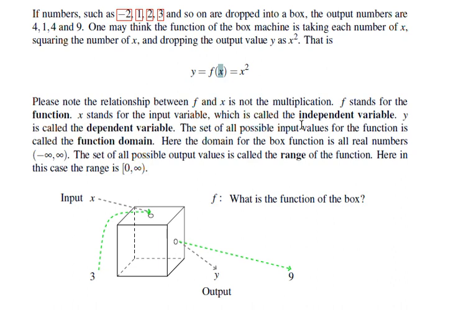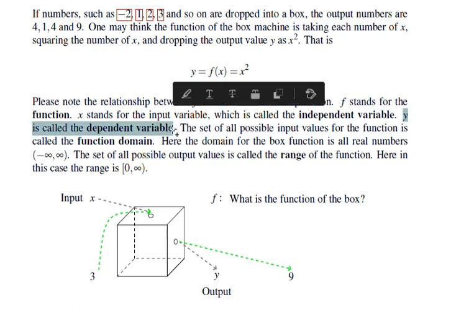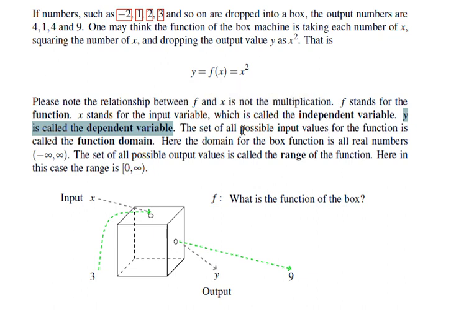So here y is called the dependent variable. And then the set of all possible input values for this function f of x is called the function domain. In this case, you can put any real numbers from negative infinity to positive infinity.